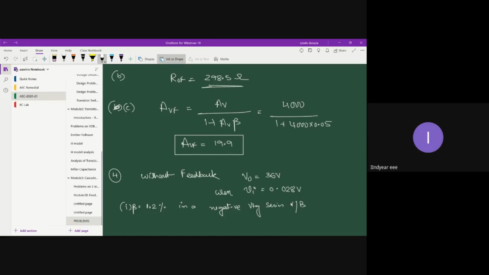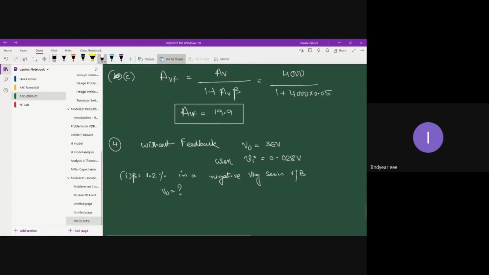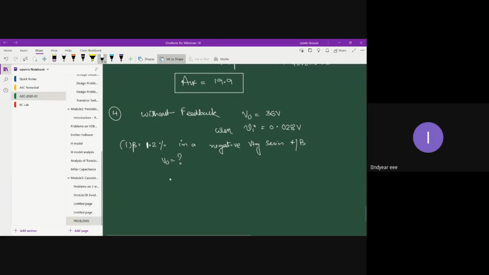Then what is the output voltage? All right, so this is the problem.